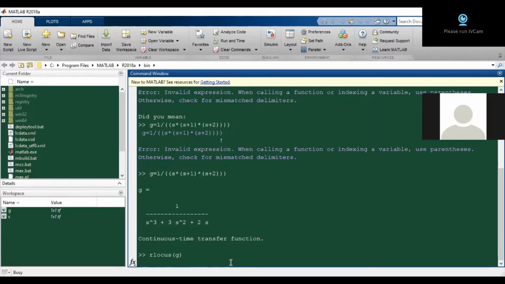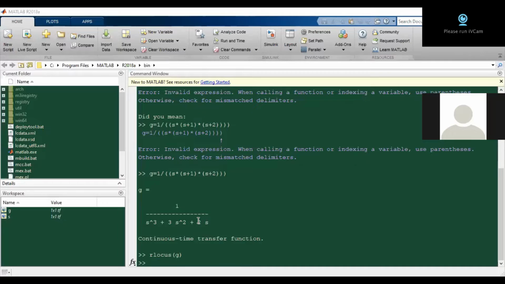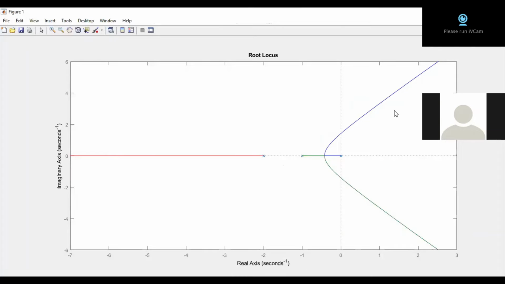The keyword is rlocus, and G is our transfer function. So I will directly substitute the open loop transfer function, and I will get the root locus here as shown. So is the root locus visible, Ganesh? Yes, sir.